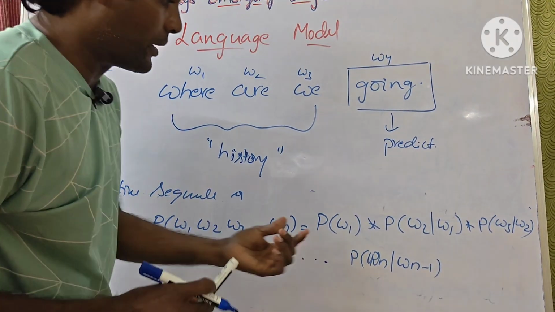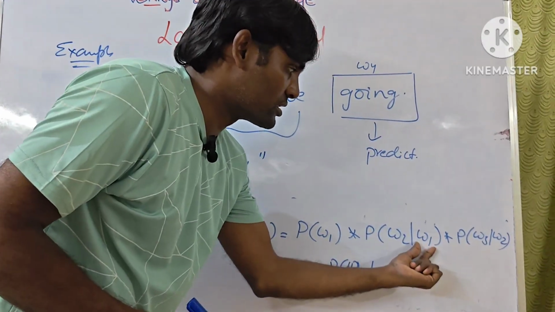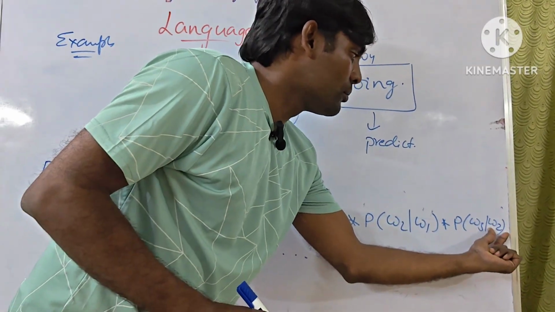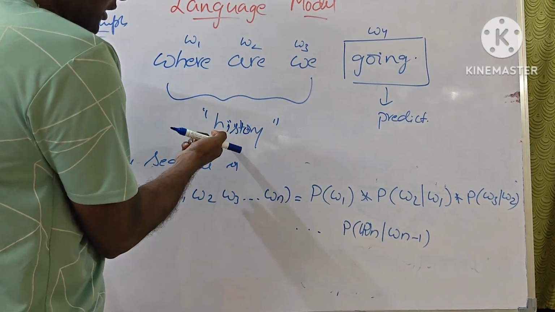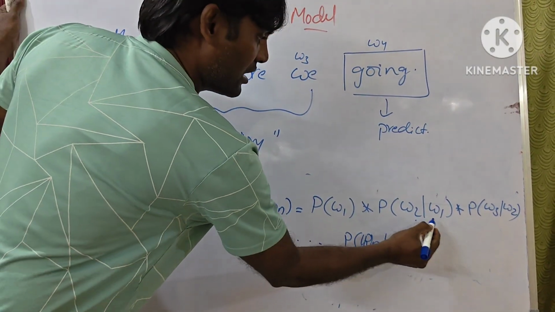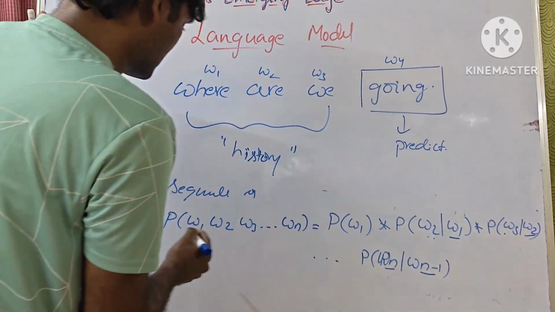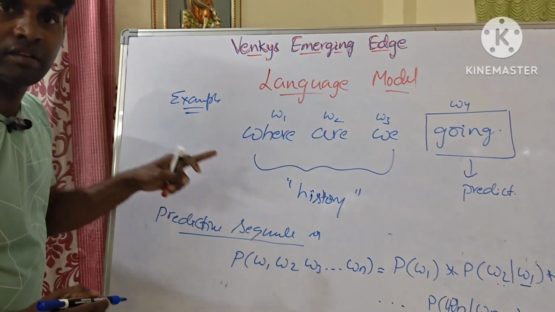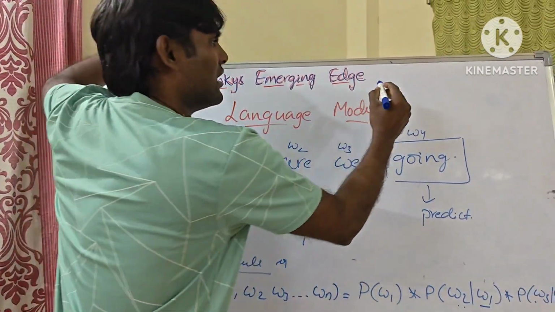That means we can predict a word based on history. For the second word, the first word is the history. For the third word, the previous words are the history. Each time, history, predictor. History, predictor. That is called the predictive sequence. Is it clear? Okay.